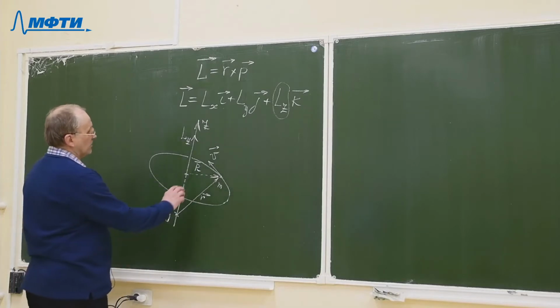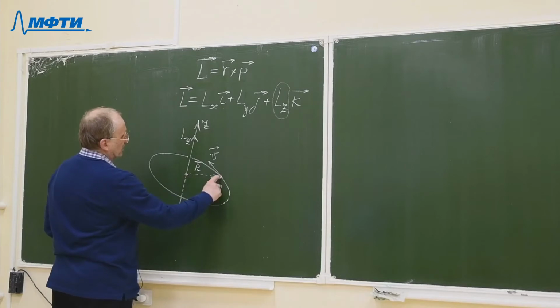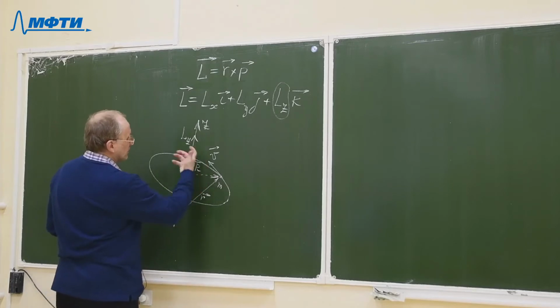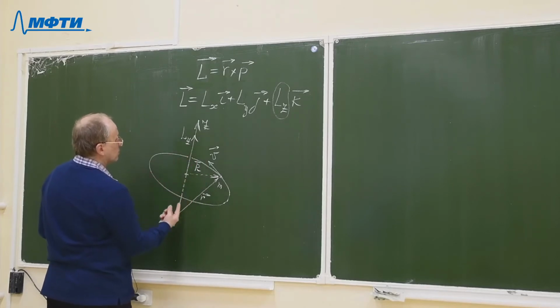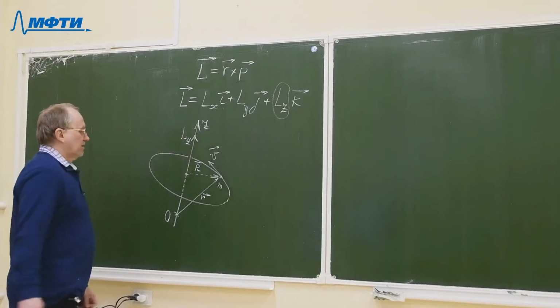And if you find the vector product of this radius of rotation and velocity, you will rotate the screw in such a way that the screw will go upward. So we continue.